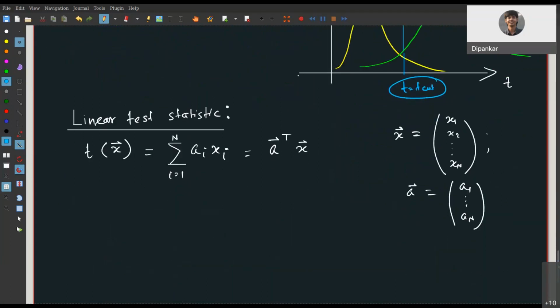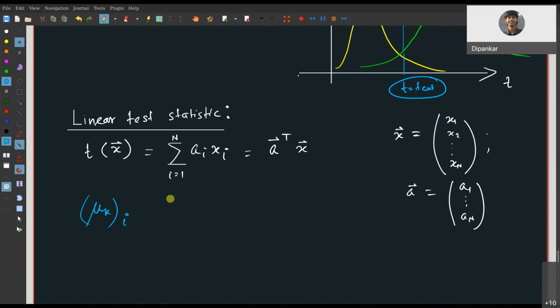First of all, the mean and the covariance matrix, I assume, can be obtained from my test PDFs. So this mu_k,i is the mean value of x_i for the kth hypothesis.